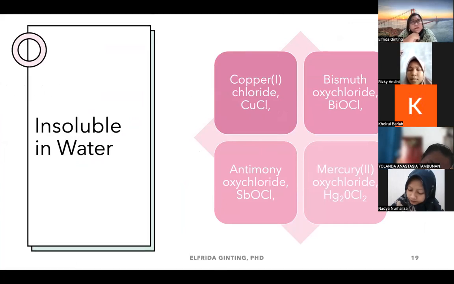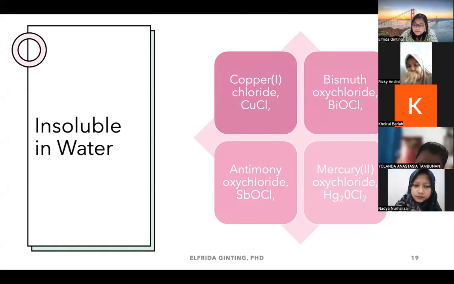The first thing that you will be working on if you want to test for chloride anion is you mix it with metal, and then you will know based on the solubility. If you mix it with copper, bismuth, antimony, and mercury, the chloride will be insoluble.